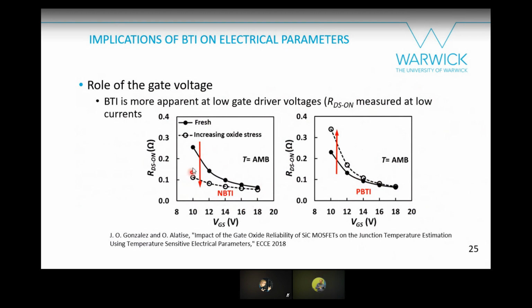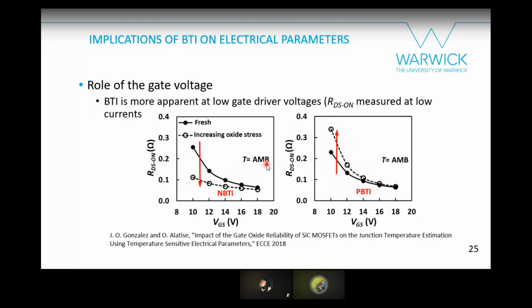But if you reduce your gate voltage, things become really apparent. If the channel resistance dominates the total on-state resistance, just check how it can reduce by half in the case of MBTI. It can increase, I would say, around 30-40%, looks like 30% at 10 volts.